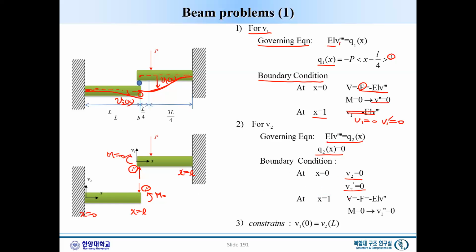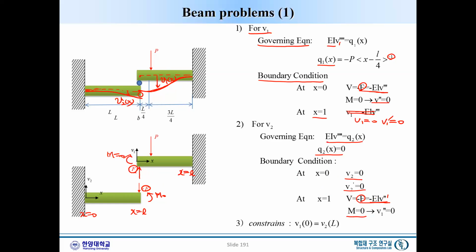And at x equals L, again, this is the force V, now given as minus F, and this is the definition of the third derivative, EI V'''. So this is one boundary condition, and another boundary condition is moment equals 0.